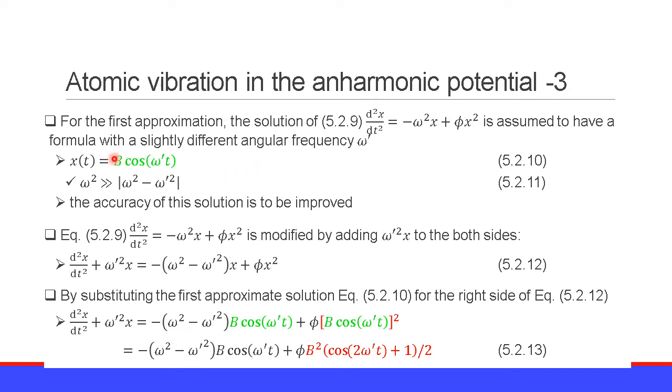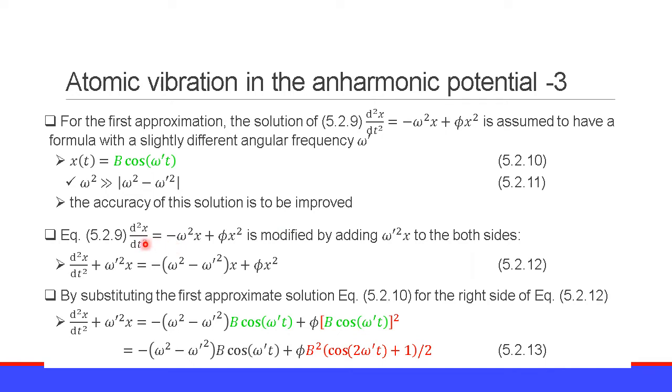So x is equal to the constant b times cosine omega prime t. Here omega prime is nearly equal to omega, or at least the difference between omega squared and omega prime squared is much smaller compared to omega squared. However, this solution should be improved to increase the accuracy.